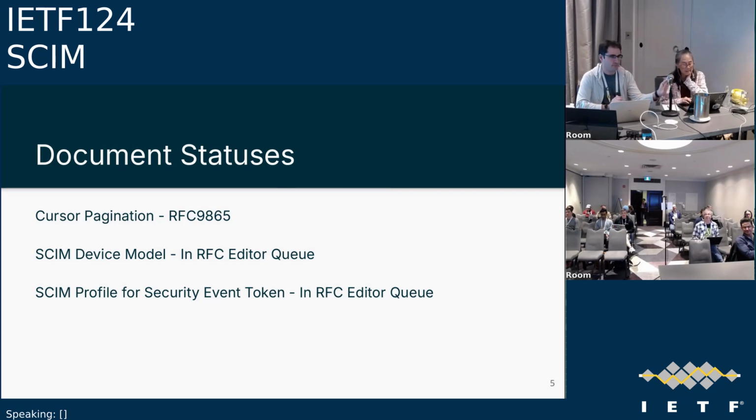Elliot, I haven't seen much activity, so I'm presuming the device model is sitting in the queue. I think we're done. It's just sitting in the publishing queue. And the SCIM events should almost be there because Phil has been churning. So we're very close to the finish line on those two drafts.